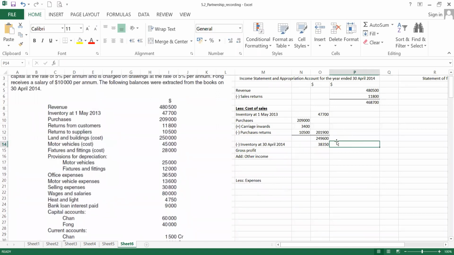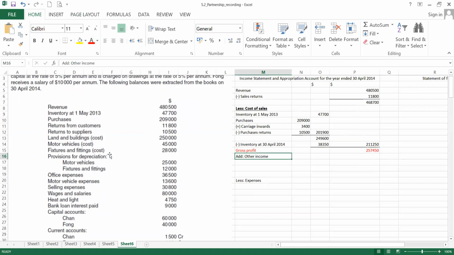So take this amount minus closing inventory, we get cost of sales. The cost of sales is 211,250. So now we take the net sales minus the cost of sales. So this is a cost of sales, this is a gross profit. So take note that gross profit must put in the indicate gross profit.